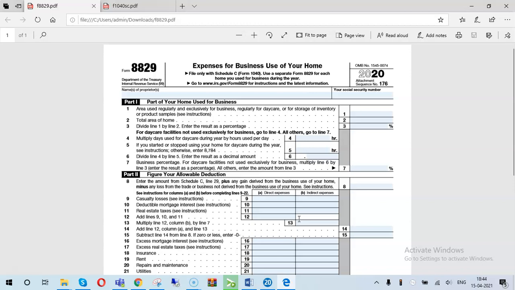And you have to be very careful in understanding whether it is your principal place of business or not. In determining whether your home office qualifies as your principal place of business, you must consider the following two items: number 1, the relative importance of the activities performed at each place where you conduct business; number 2, the amount of time spent at each place where you conduct business.